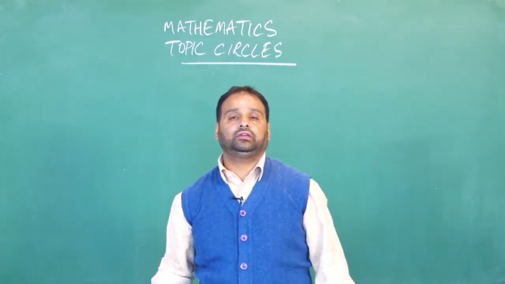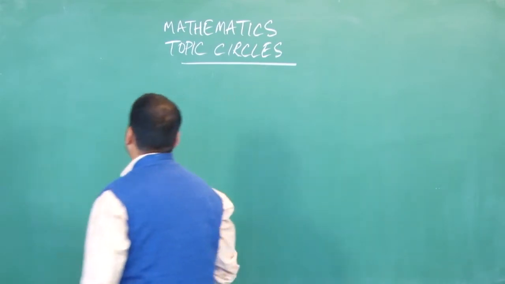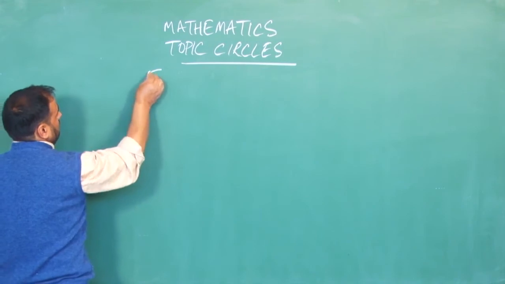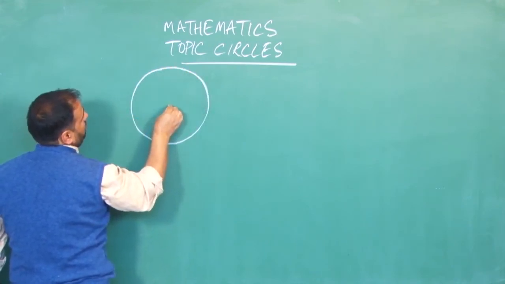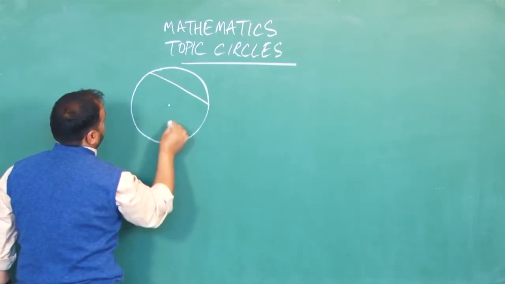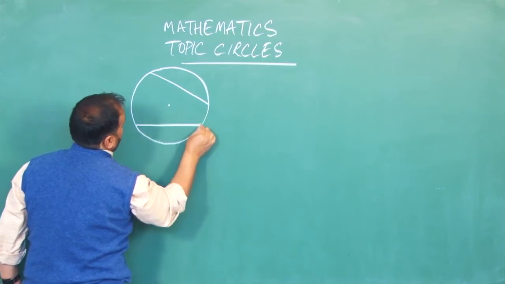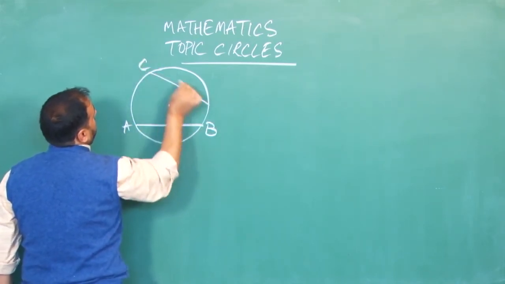It is that equal chords are equidistant from the center. Now, what does this mean? If we draw a circle with center O, and we draw any two chords in that circle. Suppose the two chords are AB and CD.